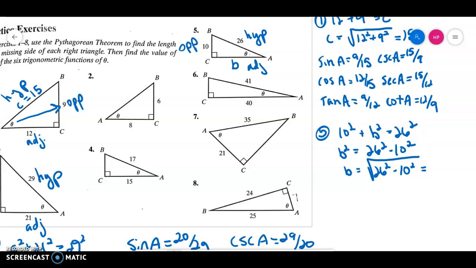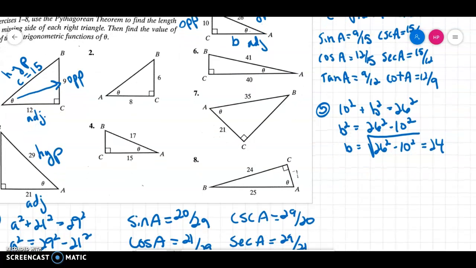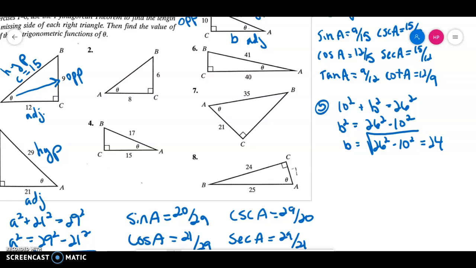And so we should get down to 24 for that adjacent side. So to finish this off then, my sine of A would be 10 over 26. And I could have found that without finding my missing side, but just doing all things in order. The cosine would be the 24 out of 26.